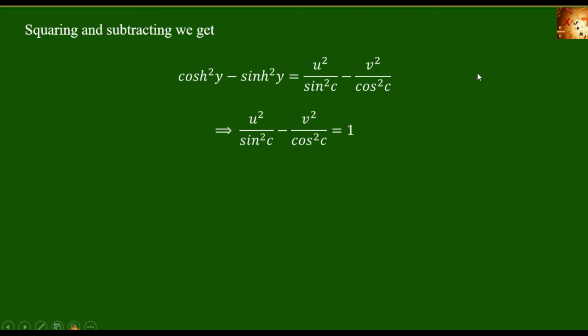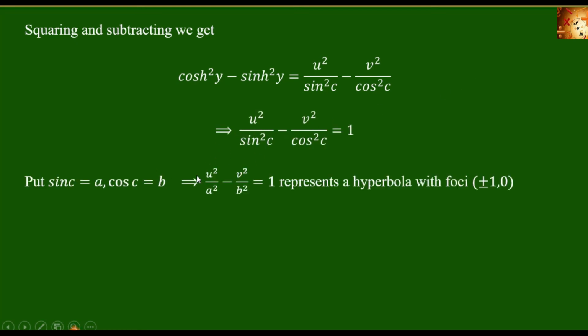So we put sin c equal to a and cos c equal to b, then our expression will be u square by a square minus v square by b square is equal to 1, which is similar to x square by a square minus y square by b square equal to 1 in the w plane, which represents a hyperbola with a focus plus or minus root of a square plus b square. So the answer will be plus or minus 1, comma 0. So the straight line x equal to c is mapped onto a hyperbola with a focus plus or minus 1, 0. Okay, this is the image.